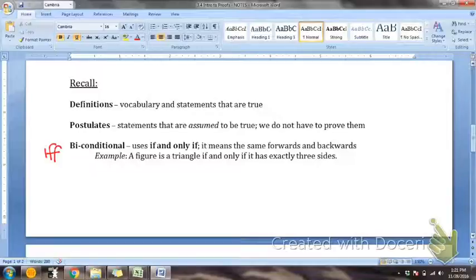Do you remember what it means? If and only if, right? It means it's the same forwards and backwards. We need to know and remember that as they're going to give us biconditional statements, and we need to be able to use them, okay?